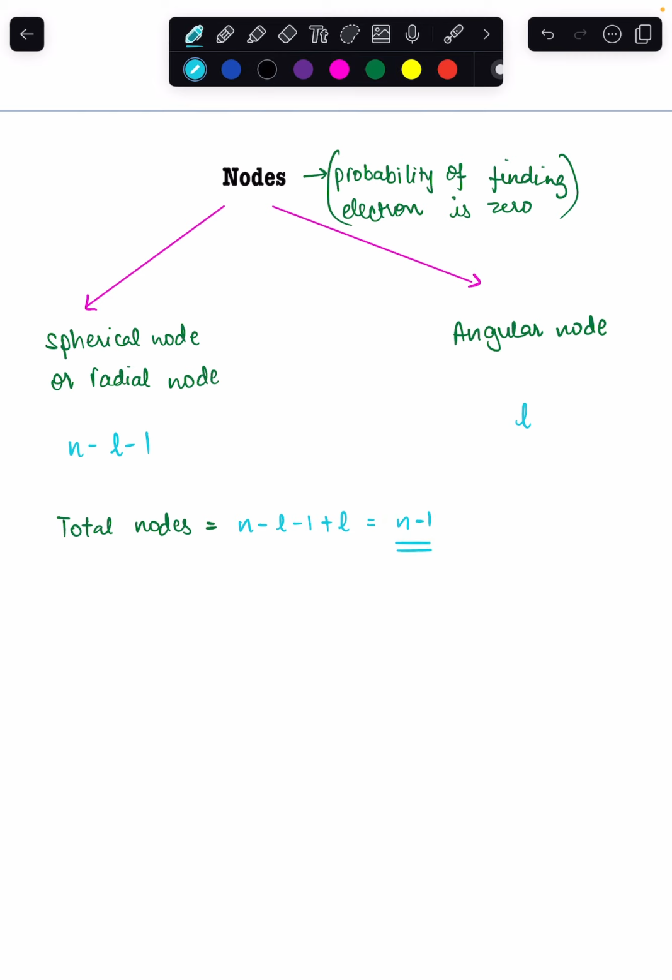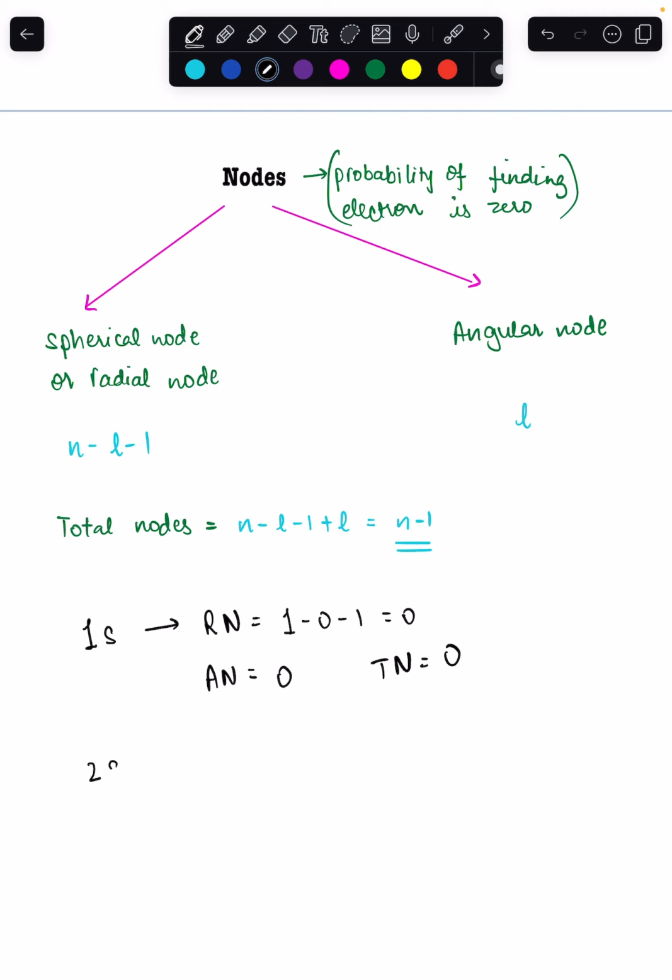So let us take 1s, for example. In 1s, the spherical or radial node, which I am going to write as Rn, is going to be 1 minus 0 minus 1, which is 0, and the angular node is equal to L, which is also 0. So the total nodes is n minus 1, which is 0, because 0 plus 0 is also equal to 0.